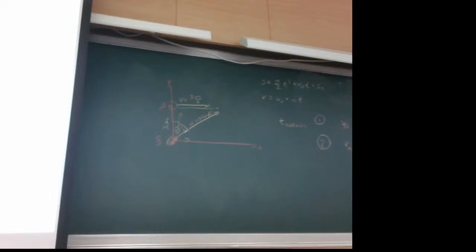I can take out the A, times cosine theta over sine squared theta. So all you have to do is now solve for theta.